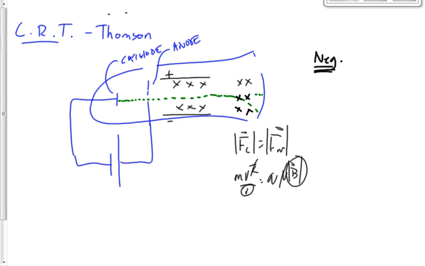Now, for a lot of these particles, the magnetic force might be bigger, or the electric force might be bigger. And if that's the case, then these particles will either deflect up or down. But for the particles that are going at just the right speed, they are going to go straight through, undeflected. We're going to select that velocity to go through undeflected. For those particles, we know the electric force acting upwards is equal to the magnetic force acting downwards.